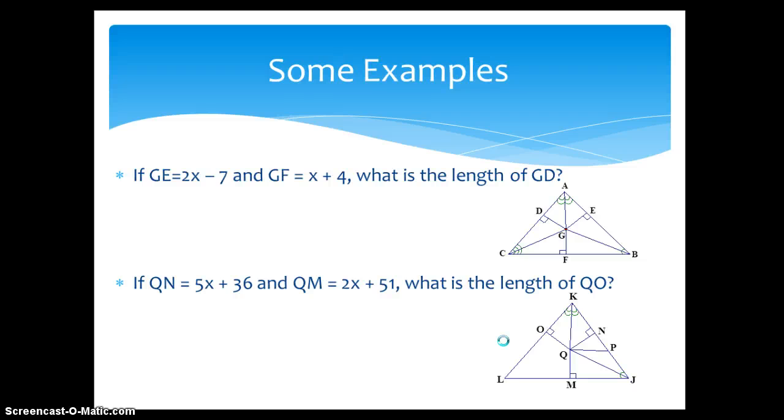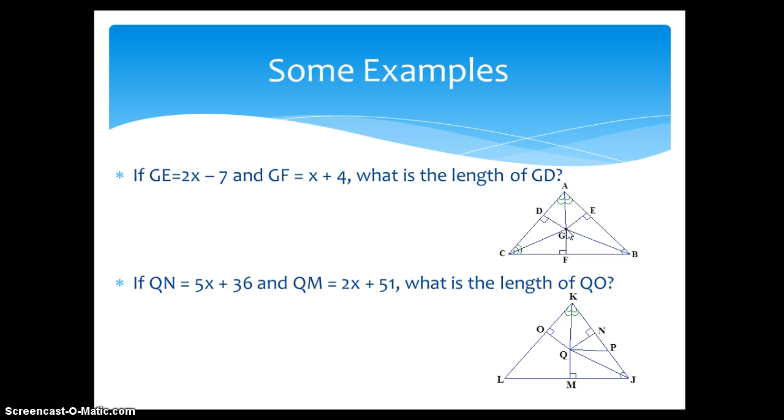If GE, right here, is 2x minus 7, and GF is x plus 4, what is the length of GD? Well, these are the angle bisectors, CG, AG, and BG. So this is the incenter.